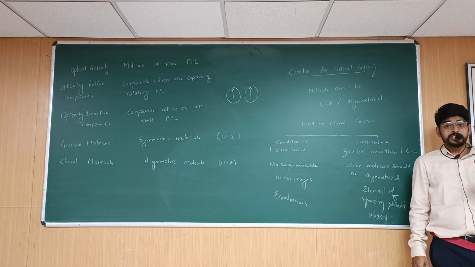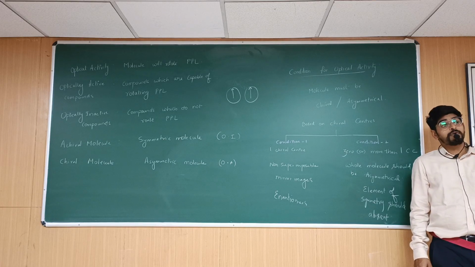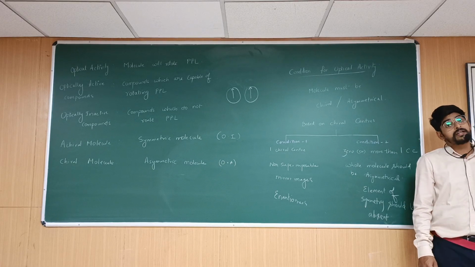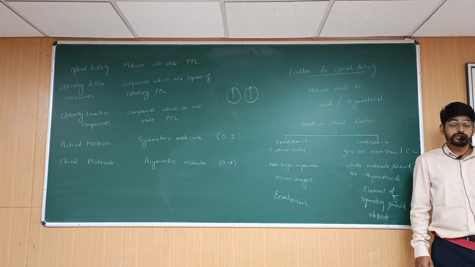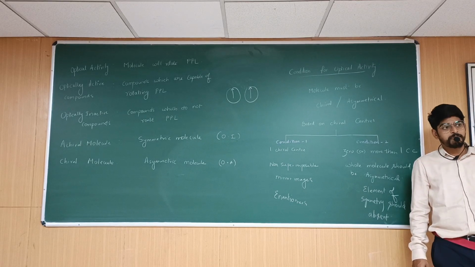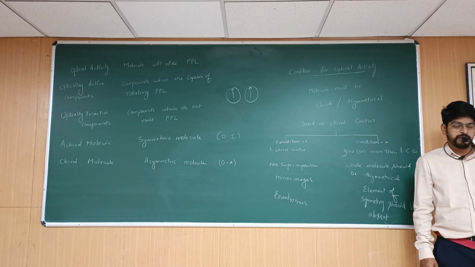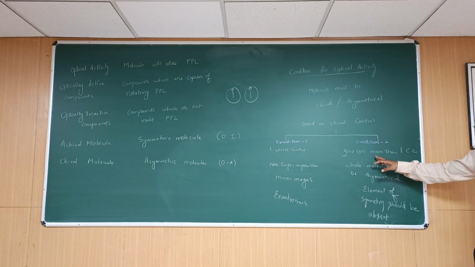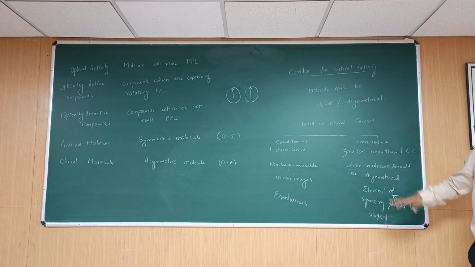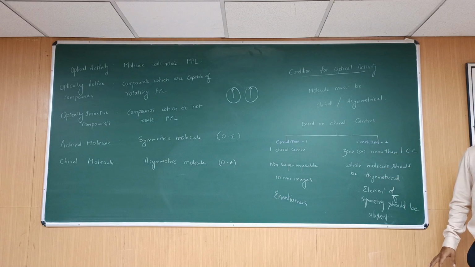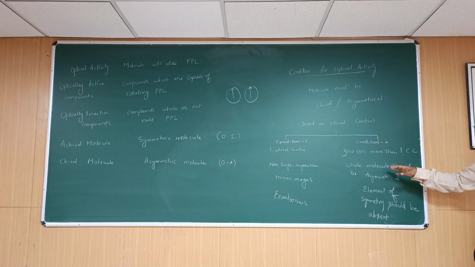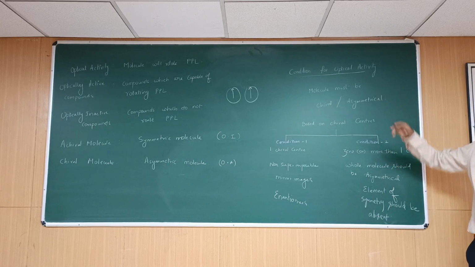So in such a scenario, if an even number of chiral centers are there, there might be symmetry in the molecule in spite of having chiral centers. To eliminate that possibility, we are saying that there should be overall asymmetry in the molecule, which is the suitable condition for optical activity.